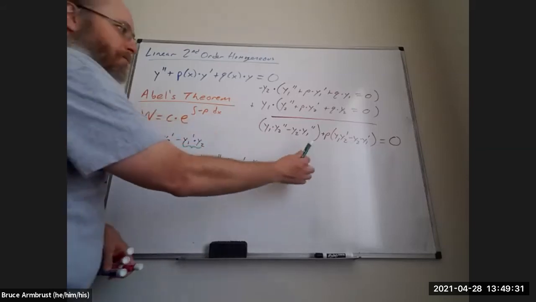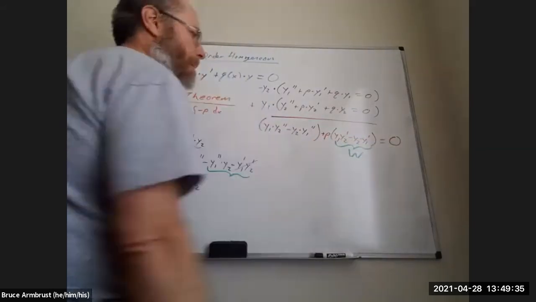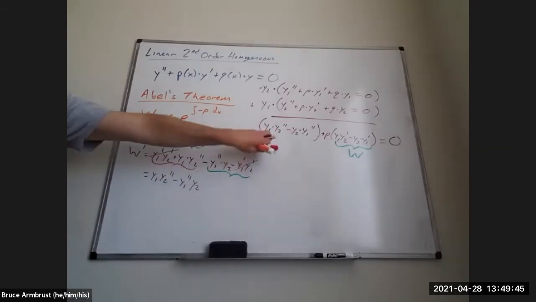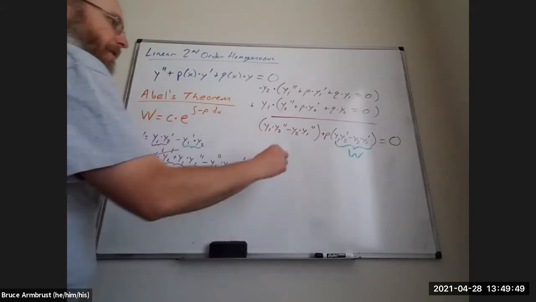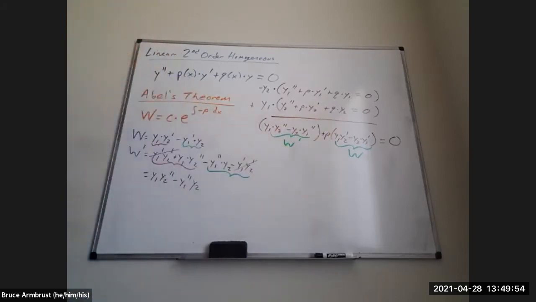The second one, that's the Wronskian: y1 times y2 prime minus y2 times y1 prime. The one in the first parentheses, that's w prime. Right? y1 times y2 double prime minus y2 times y1 double prime.